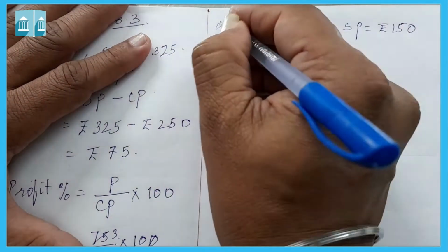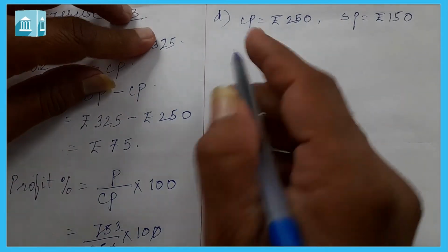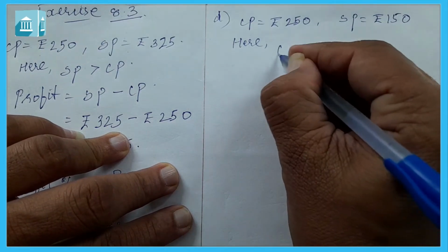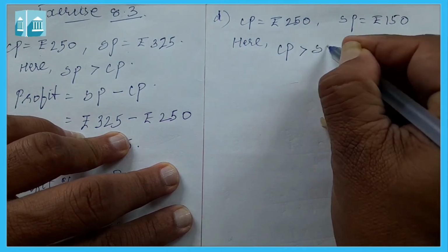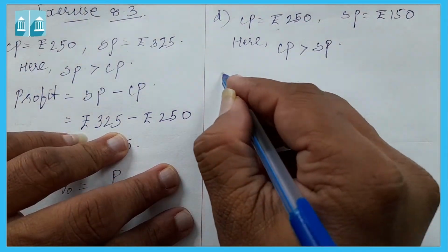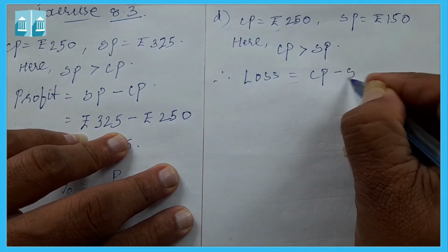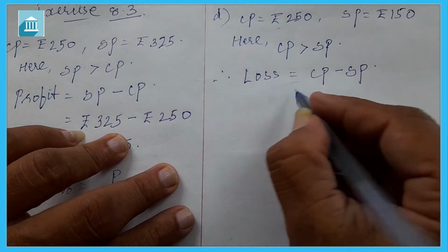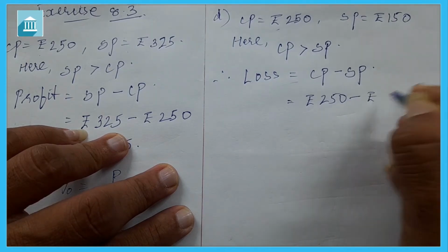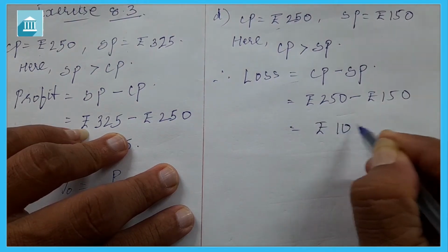Now here we can say that CP is greater than SP, therefore we have loss, and loss is equal to CP minus SP. That is rupees 250 minus rupees 150, which is equal to rupees 100.